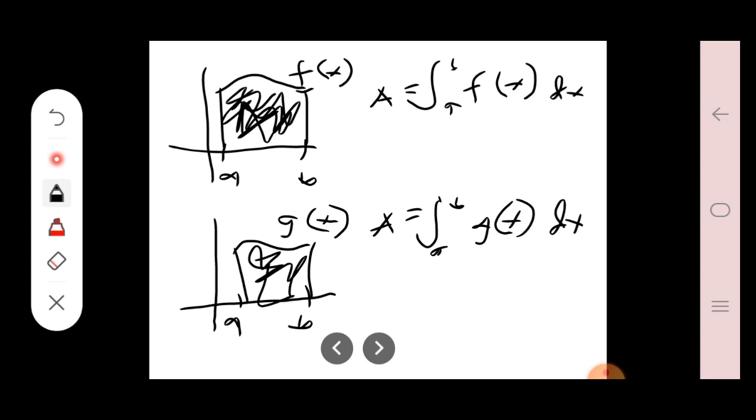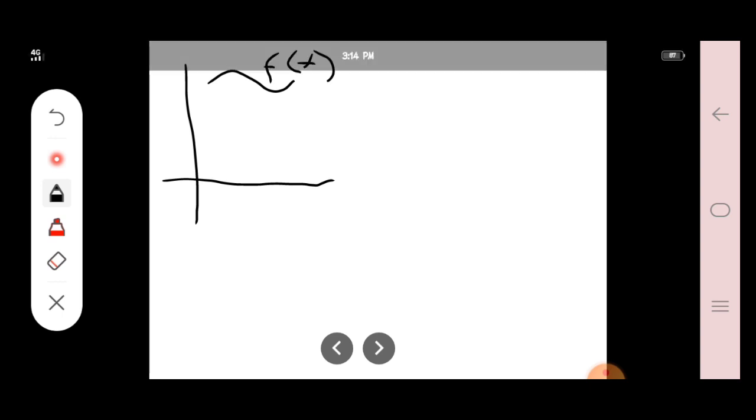So what happens if we want to find the area between two curves? Let's say we have both f of x and g of x, so it's going to be like this. This is f of x and this is g of x.